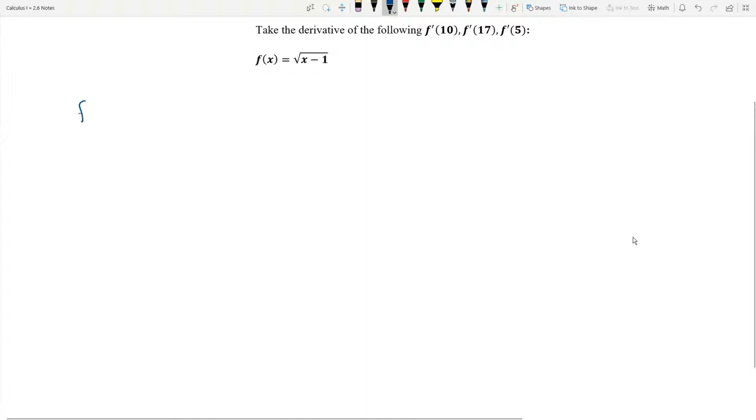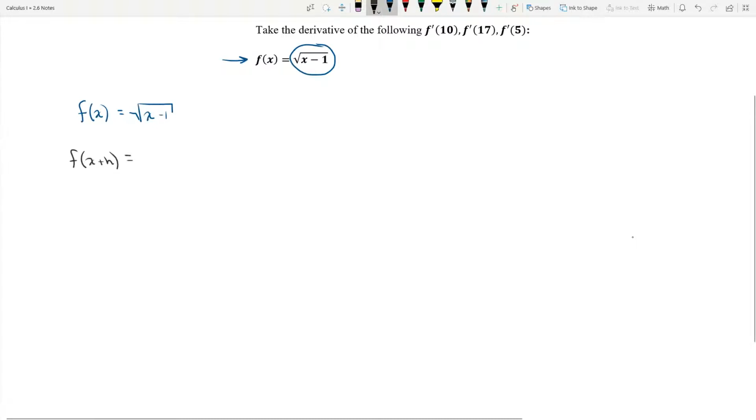So in the last videos in 2.6, I said that I have a bit of a process. The first thing is I usually find f of x, which we always know is just simply going to be the function. So f of x is equal to the square root of x minus 1. And then I find f of x plus h.